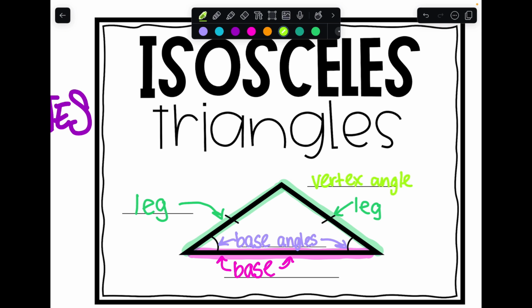The vertex angle does not necessarily mean that it's at the top. It just means that it's the angle that is formed by the legs. So there's 2 legs, 2 base angles, 1 base, and 1 vertex angle. As we're talking about this vocabulary today, if you forget what it means, go ahead and close your foldable and look at the front of this page.